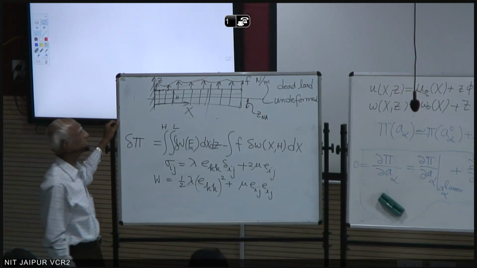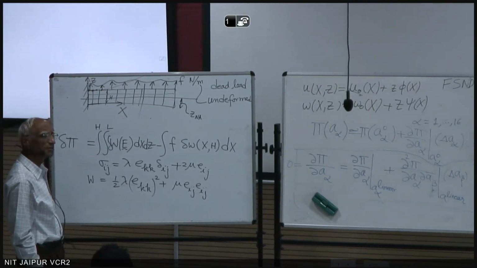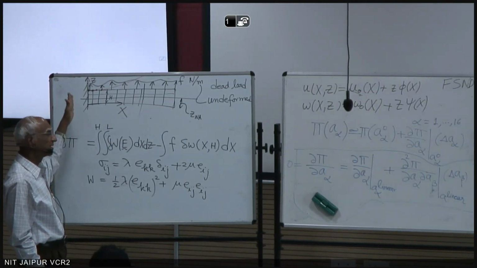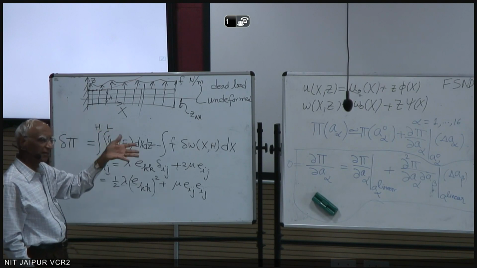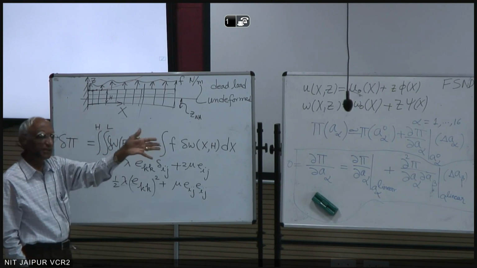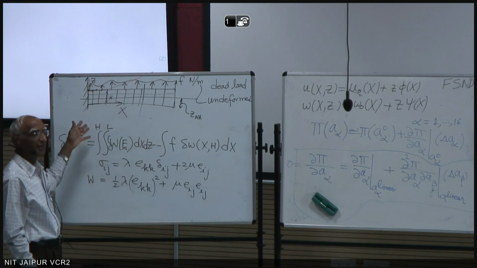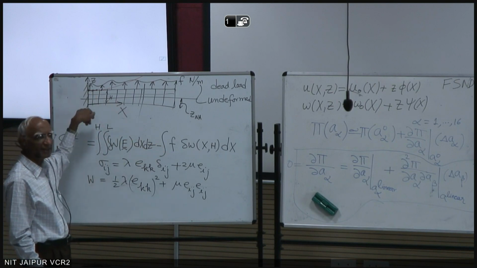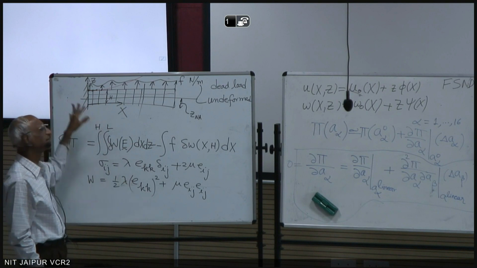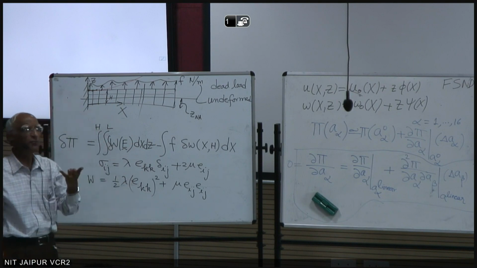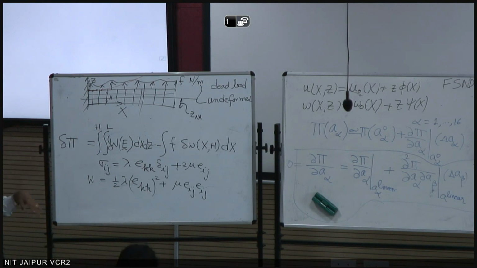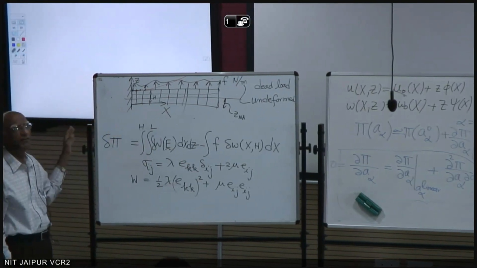If you set x equal to 0, you will get A1 equal to 0. Same thing, U is 0 here, you will get B1 equal to 0, and then C1 equal to 0, and D1 equal to 0. So four of those will be automatically satisfied. And then instead of 16, you will be left with 12.